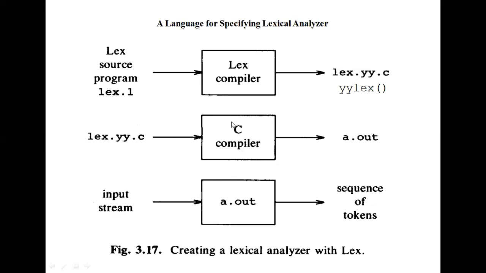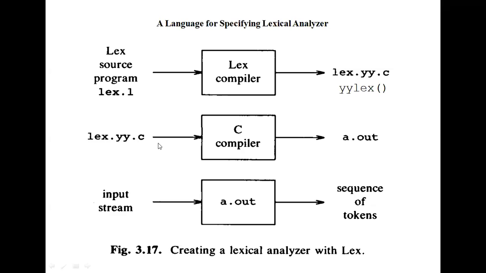And here, we're using the C compiler. In the lex specification file, actions are associated with every regular expression, and these actions are simply pieces of C code. Whatever actions we are performing are simply pieces of C code. This C code is directly carried over into the lex.yy.c file.